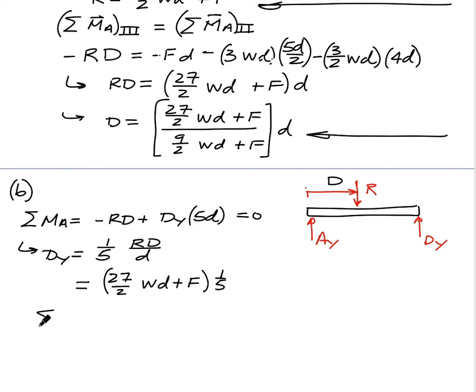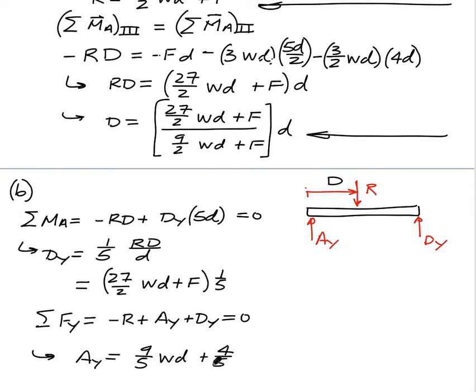My summation of forces in Y is going to be minus R plus AY plus DY. And I've already found DY, so from here I can calculate AY, and AY in the end will be equal to 9/5 WD plus 4/5 times F. So that's the reaction at the pin joint there at A, and this is the reaction there at support at D.